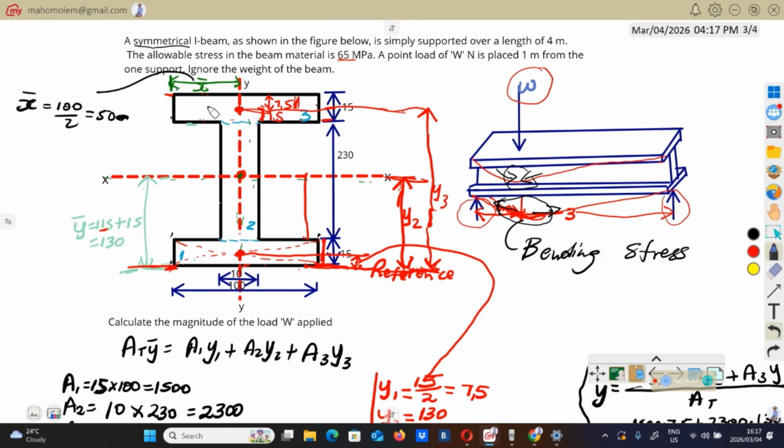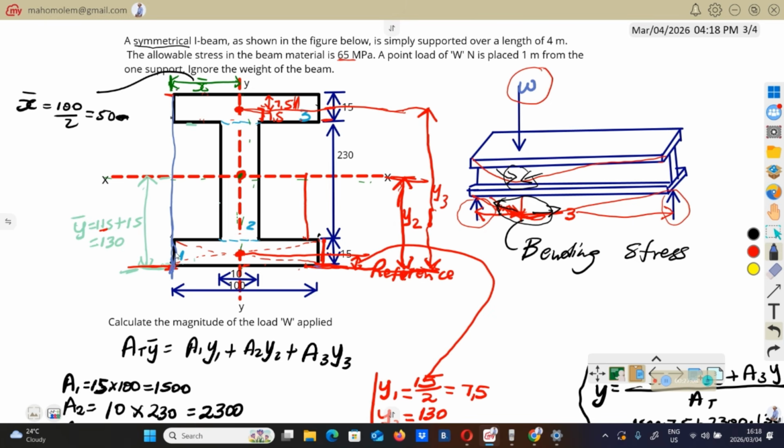So in other words, the horizontal distances will be measured from this left end. So we're going to make this left end our reference for horizontal distances. We're going to make this bottom surface the reference for vertical distances.